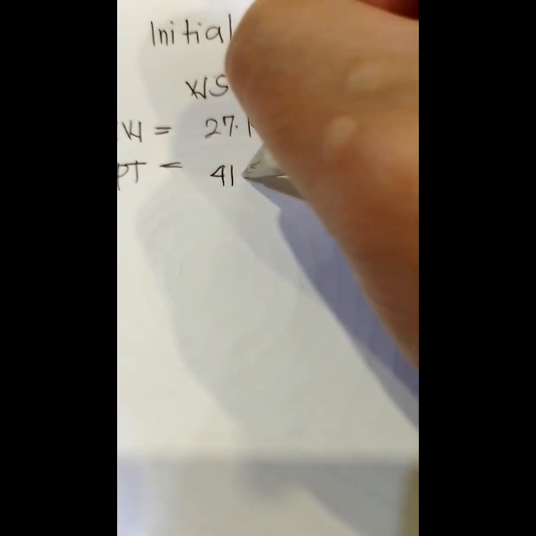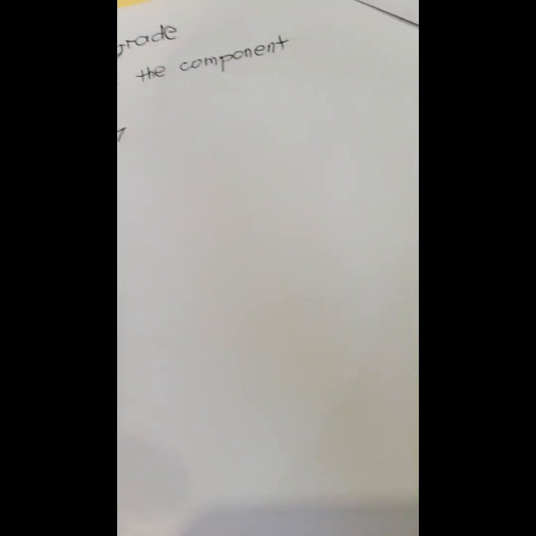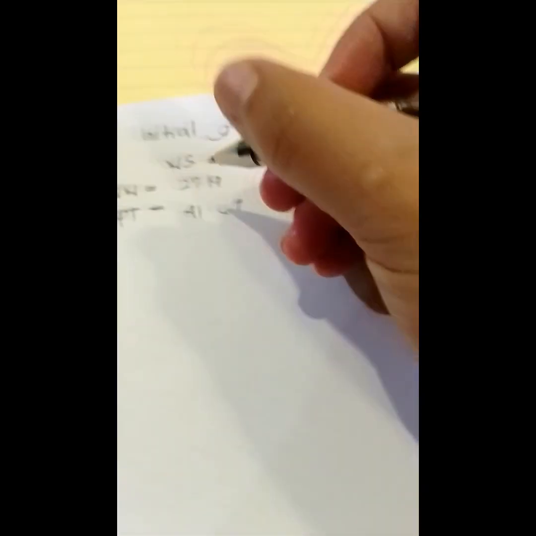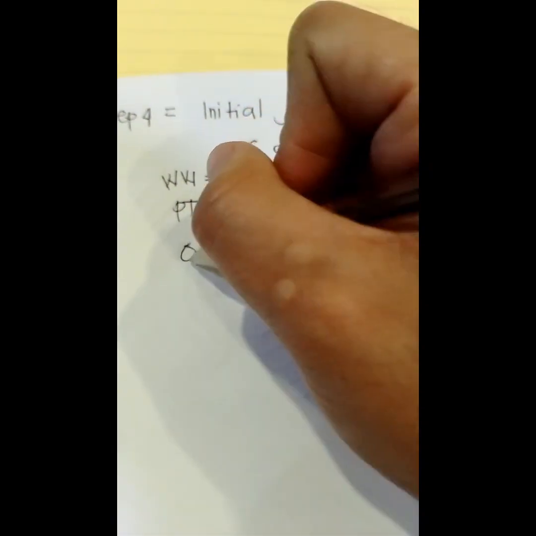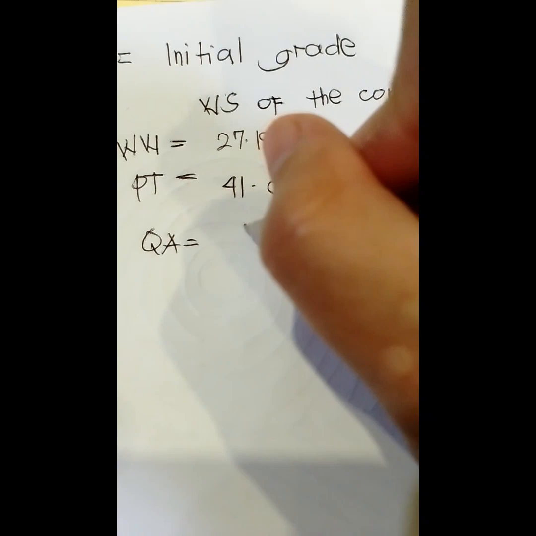So we need to put that one here, 41.67. And then lastly, the third component, the weighted score for quarterly assessment, is 16.